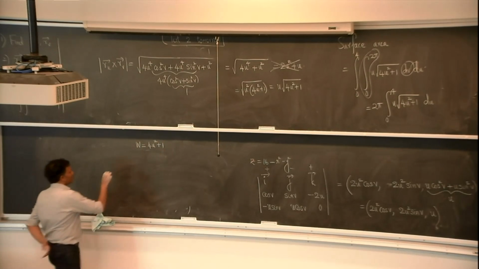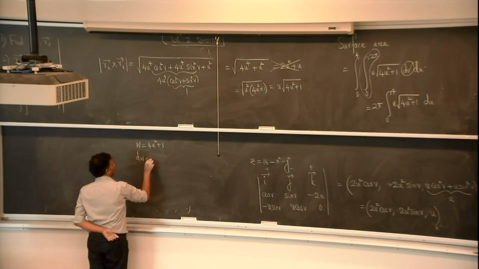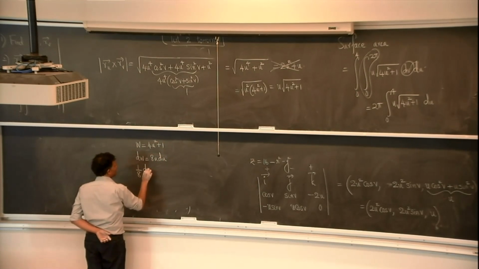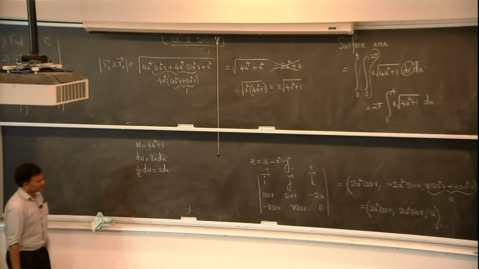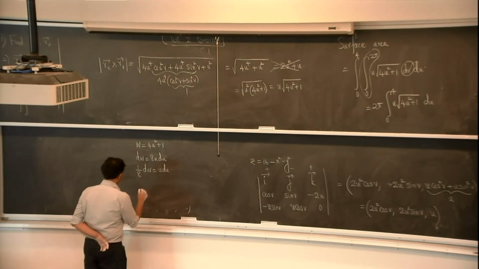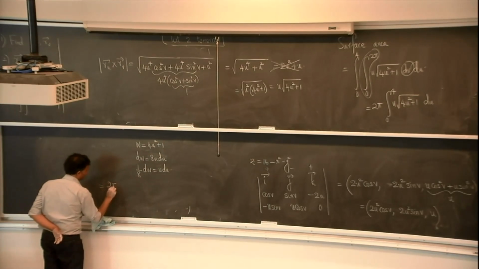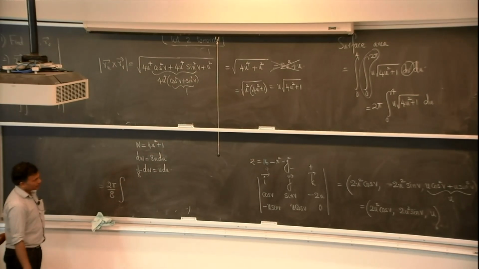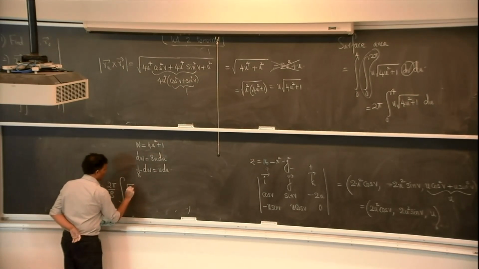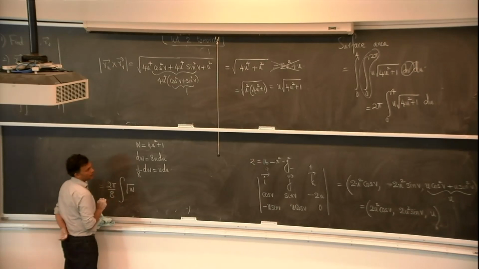All right, so dw is 8u du, 1/8 dw is u du. So the 2 pi is still out there, so it's 2 pi over 8. Let's just forget about the limits for now. That's going to be the square root of w dw.